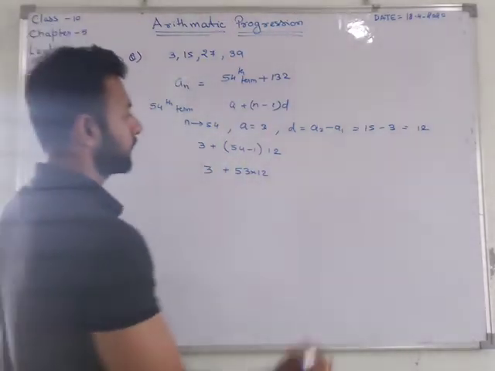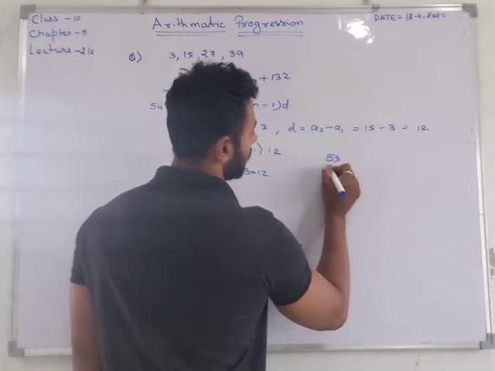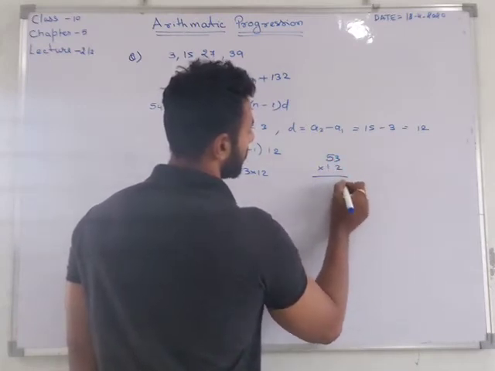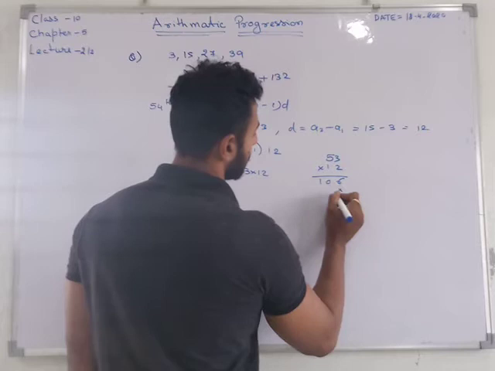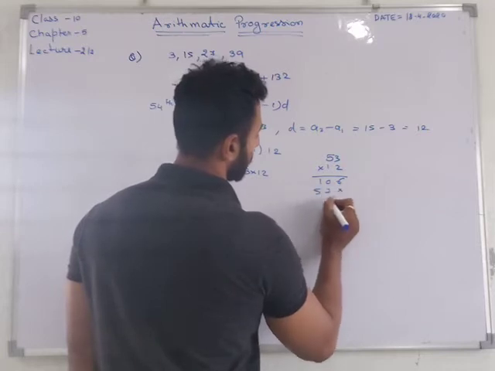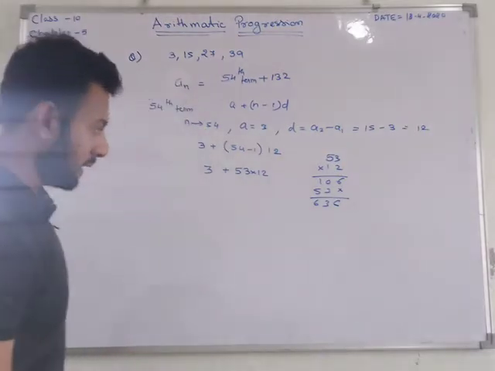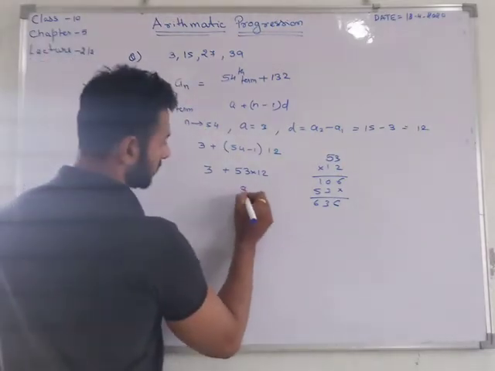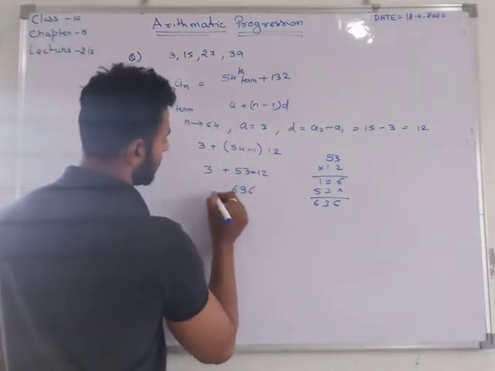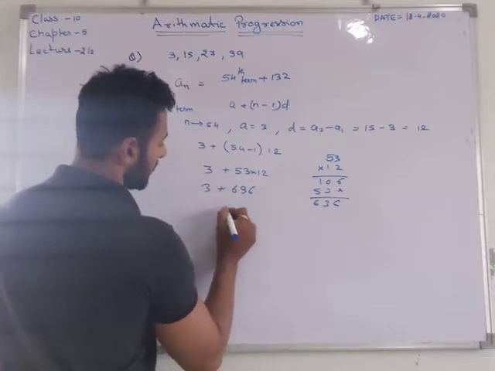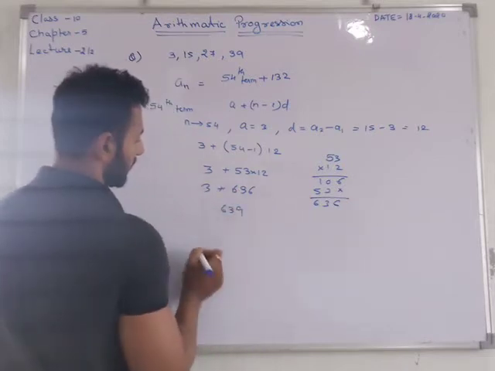Solving this, 53 into 12 is 636. 636 plus 3 will be 639.